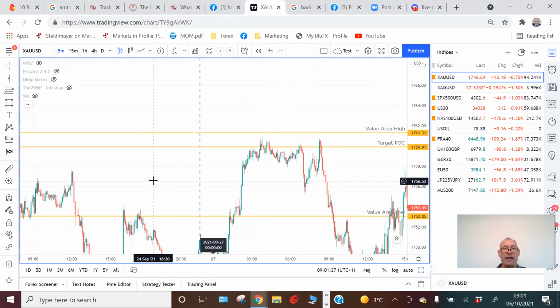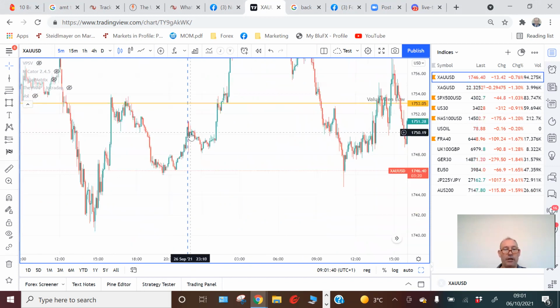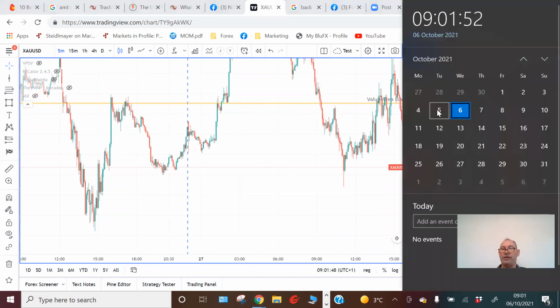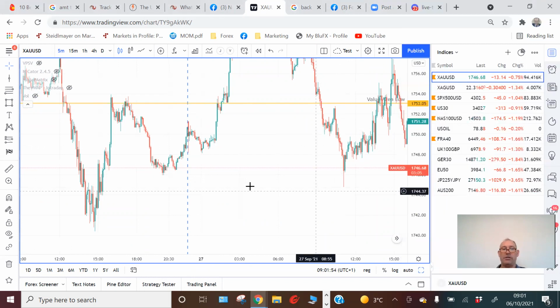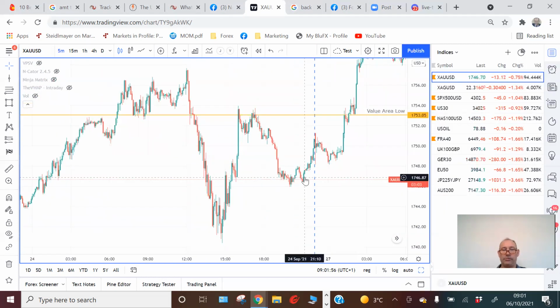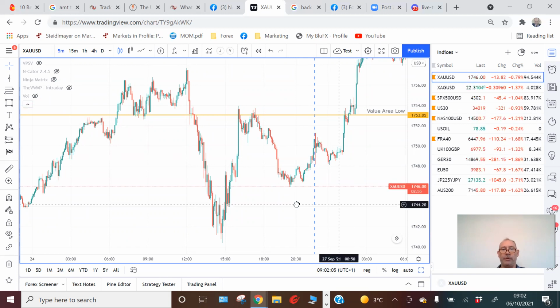This little tool takes you back in time to the date in question. So the 24th and the 26th. There we have the Friday moving into the Sunday at 11 p.m. when the market opens. Yeah, there we go.